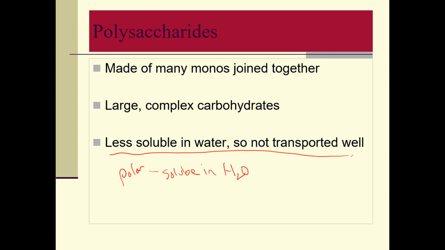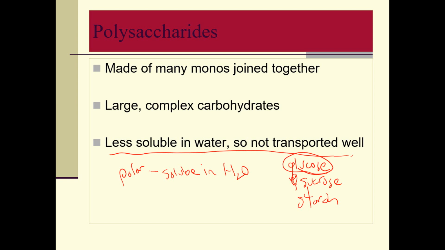So we're not saying that these polysaccharides are nonpolar, we're just saying that they're less polar. So if I said which of the following is most polar, and I gave you some examples of, let's say, glucose, fructose, sucrose, and starch, you would then know that glucose is the most soluble in water. Right? Hope that made sense.